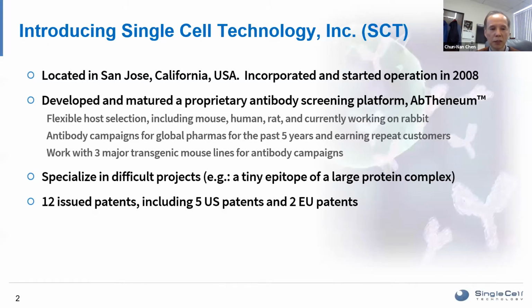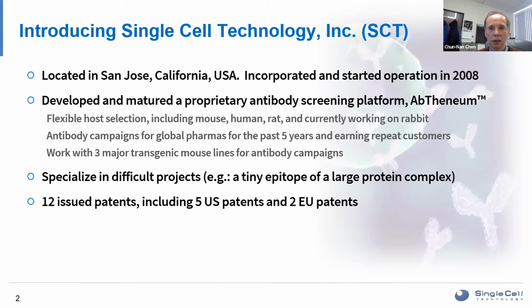The platform itself has a really flexible host range. We have been able to work on mouse, human, and rat, and get antibodies from their responses. We are also currently working on getting antibodies from rabbits.